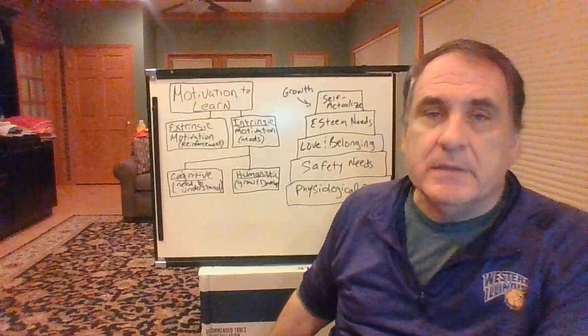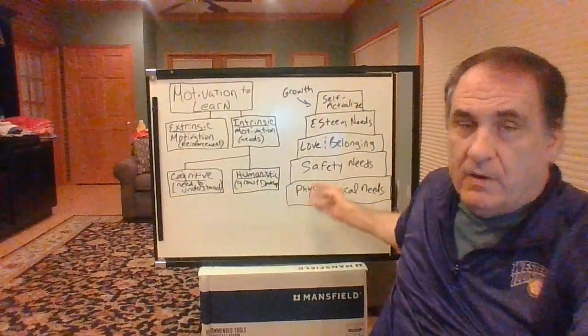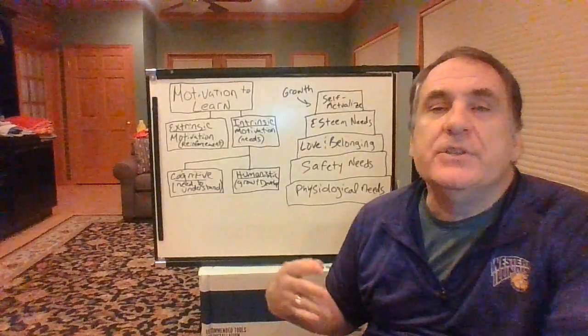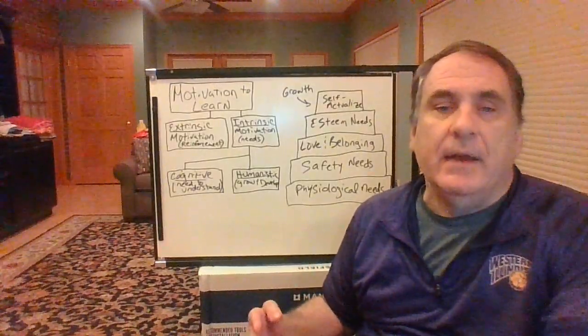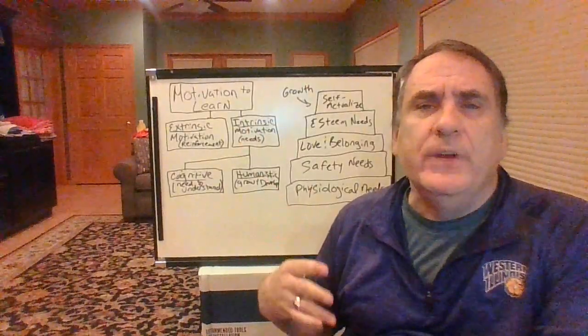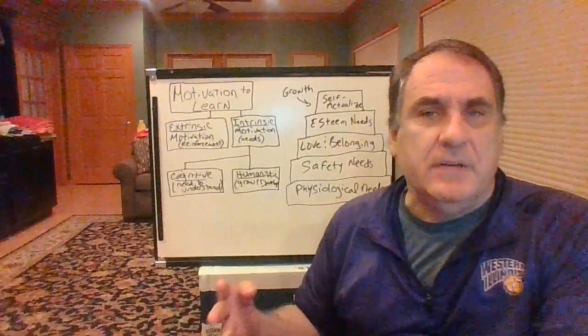So as we take care of the base of this pyramid, this foundation right here, that allows the student to focus on, not necessarily self-actualization, but at least perhaps reaching their true potential, what they can do at the best of their ability.